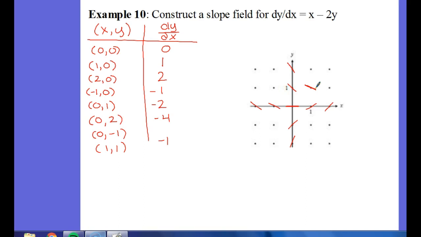If you plugged in (1, 2), it would be 1 minus 4, which is -3, so less steep than this, but steeper than that. (2, 2) would give you 2 minus 4, so it would be -2.